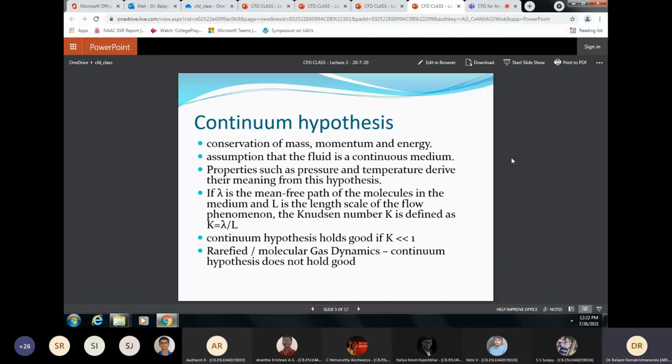Now you have some advancements. What if you calculate the entire flow field using the kinetic theory of gases, even for low velocity, low altitude cases? Low altitude means high density.